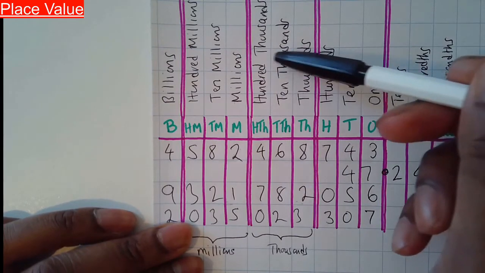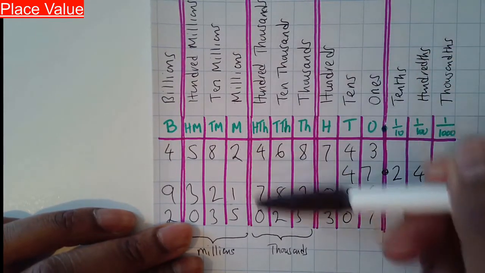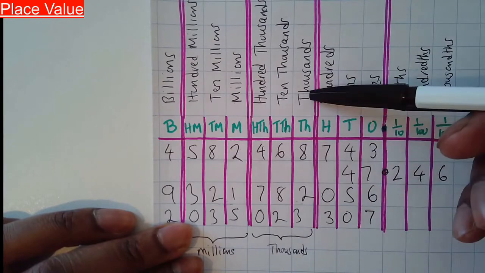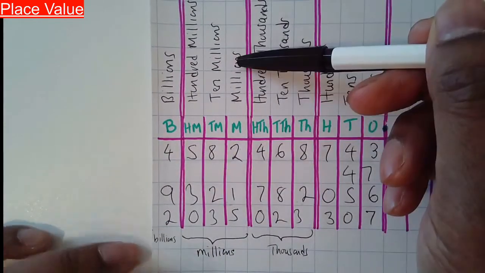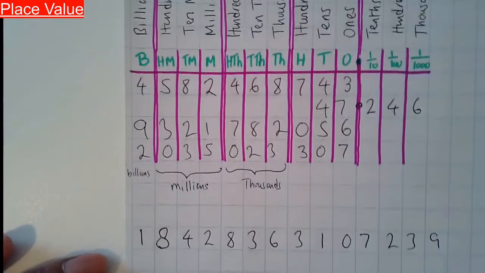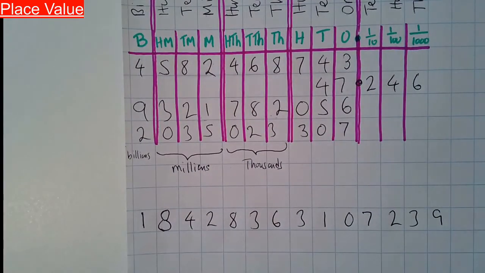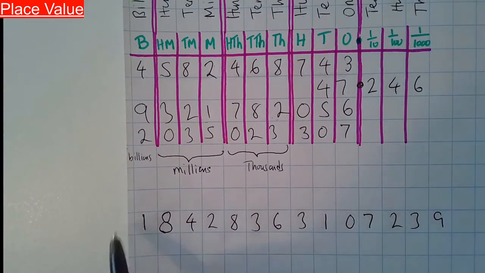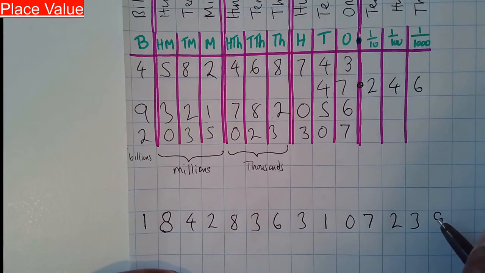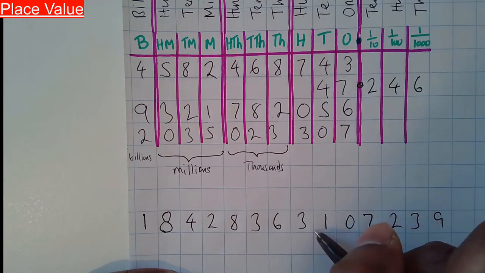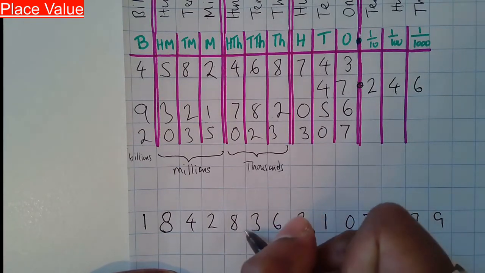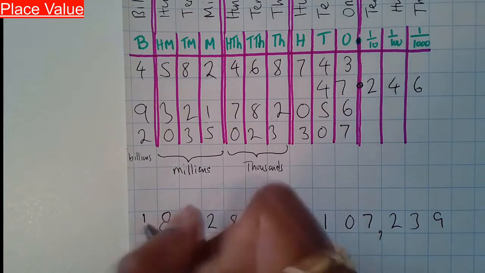That section here is the thousands, then you've got the millions, the billions, the trillions, and so on. With a large number like this, it's a whole number, so I'm going to split it up with commas: 3 digits, comma, 3 digits, comma, 3 digits, and so on.